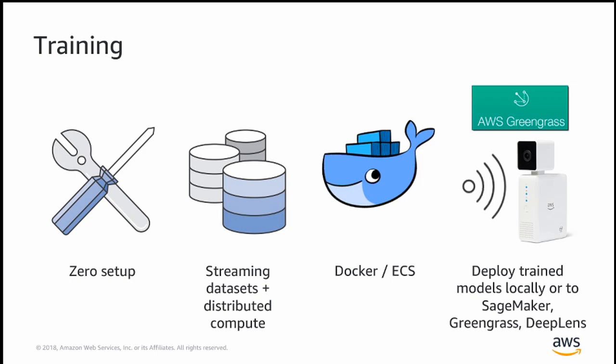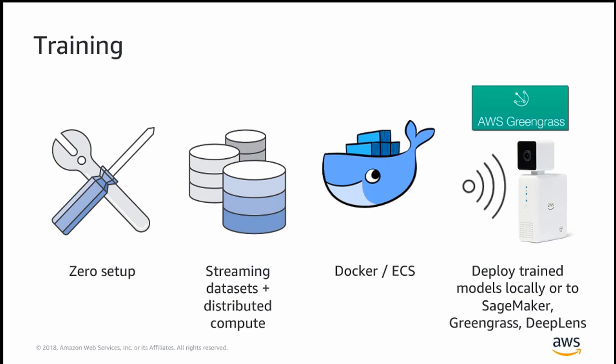We also support streaming data sets and distributed computation. The algorithms themselves live in Docker containers, so technology you're used to, and those are stored in a repository of the Elastic Container Service, which is AWS's tool for containers.